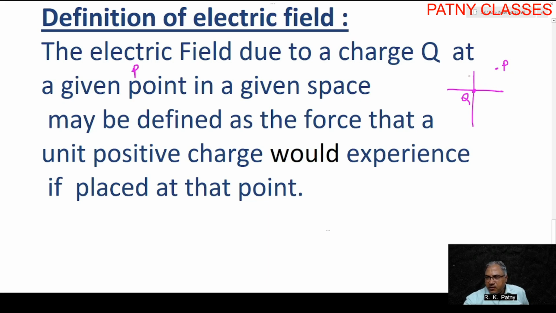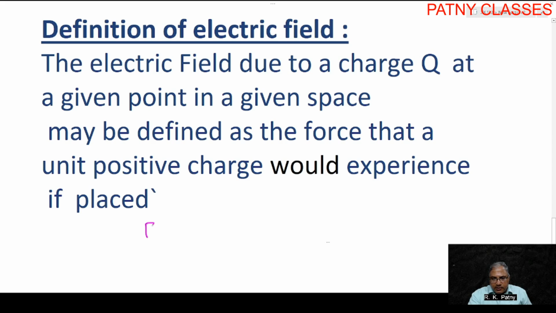Given point in a given space. We consider it a three-dimensional spherical space, may be defined as a force. What was the force? Force is nothing but F of R. Force that a unit positive charge, we had taken q equals 1, would experience placed at that point, placed at the point P. So F of R equals q into E of R, and we have taken q equals 1.